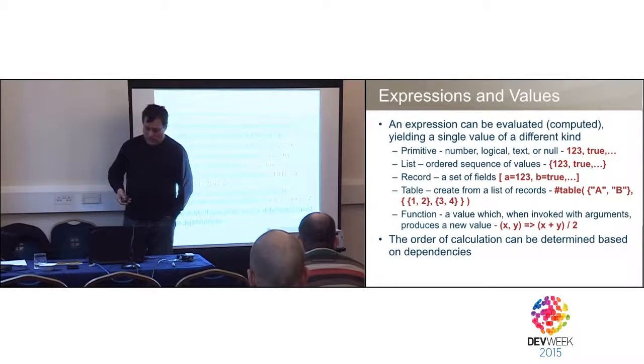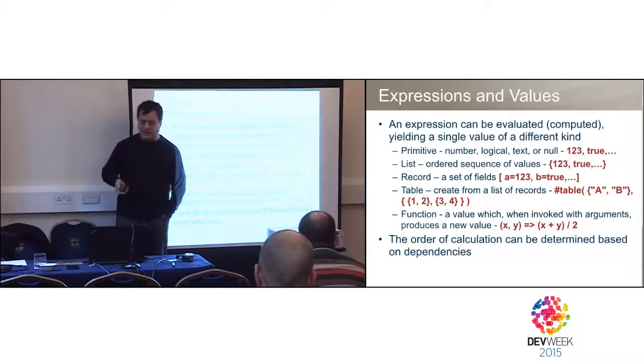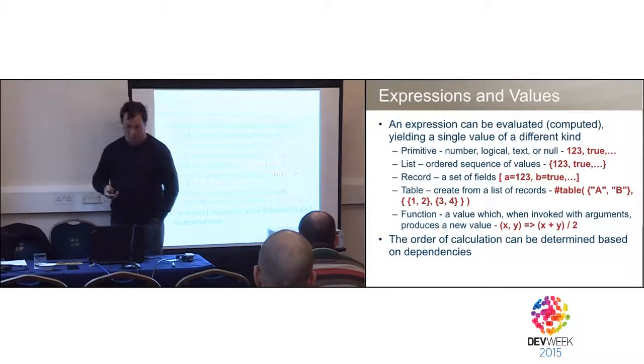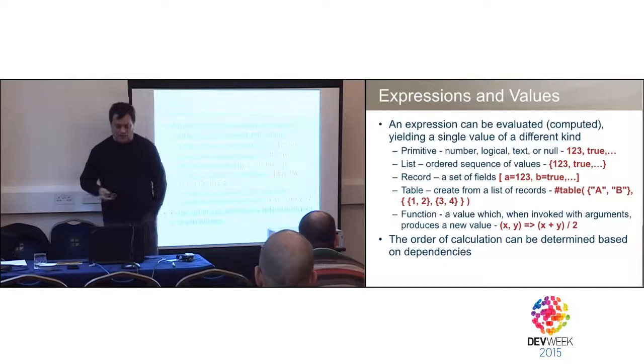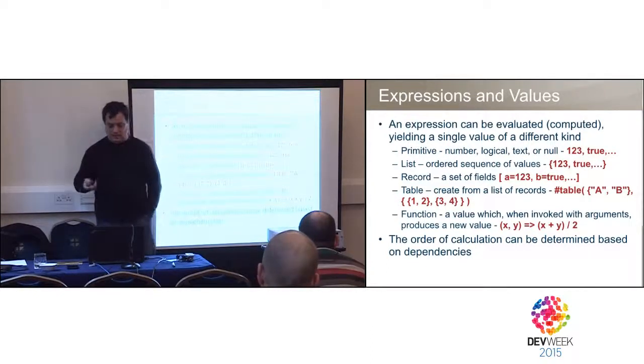Now let's talk a little bit about this language. So an expression is evaluated or computed in a way that it yields a single value. And this value is either scalar or, in Power Query terminology, a primitive value. So number, logical, text, or null.